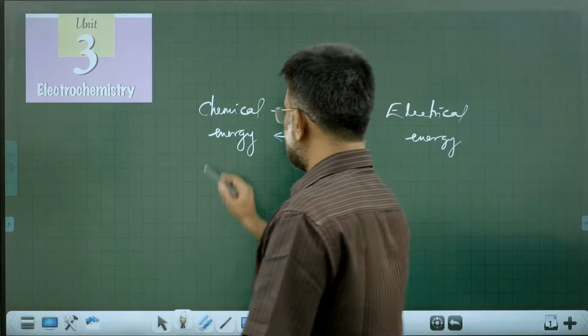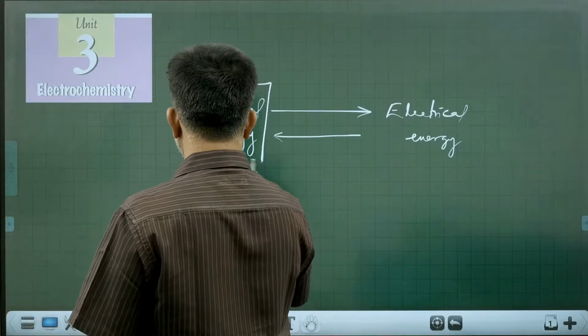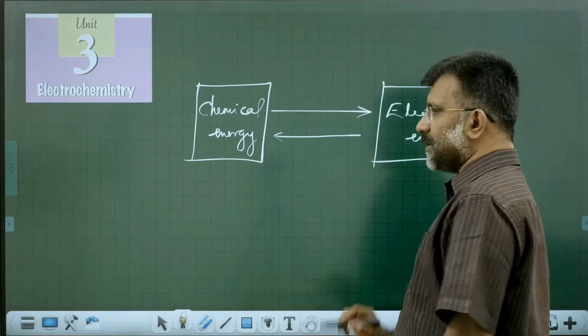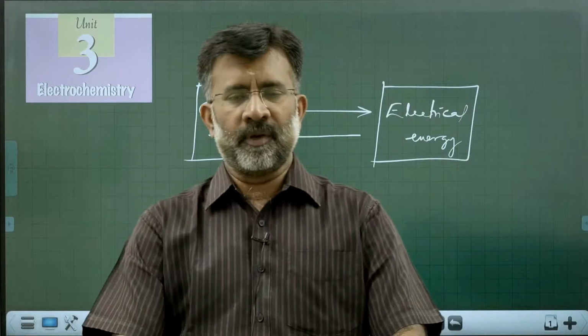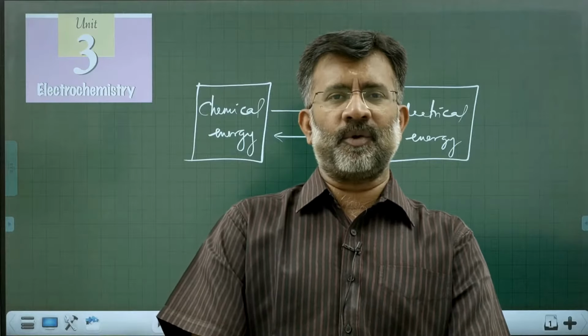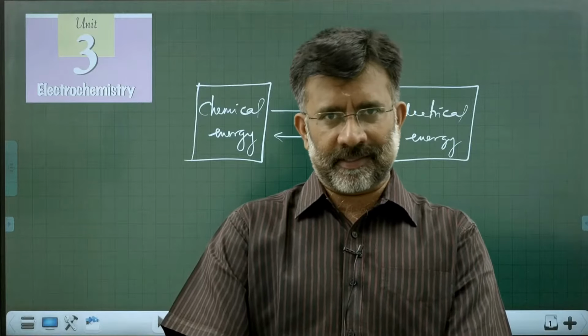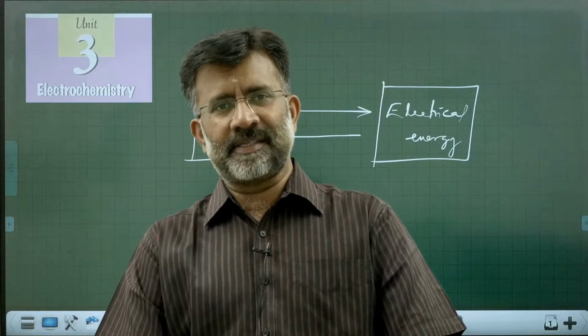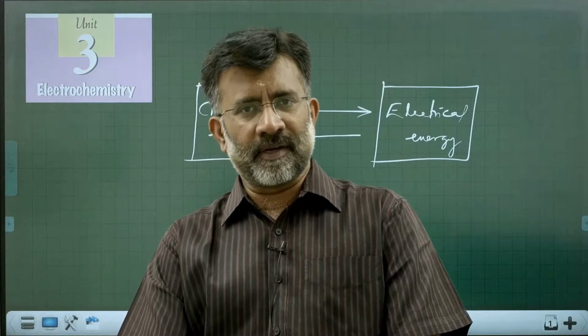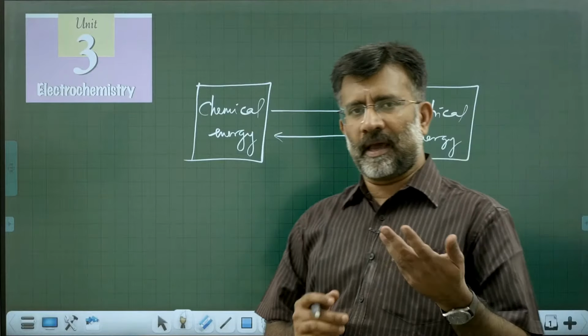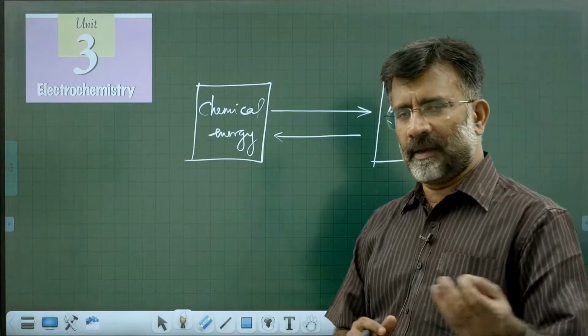So chemical energy stored in a system converted to electrical energy, and electrical energy converted to chemical energy, together we call electrochemical reactions. And a device used for converting chemical energy into electrical energy, all of you know, is called a galvanic cell. It's a typical electrochemical cell.